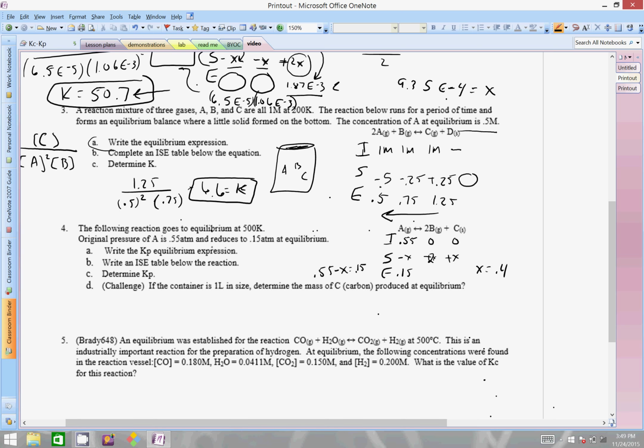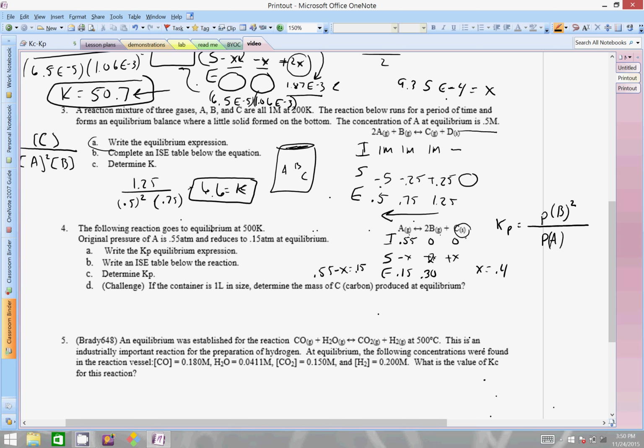Write the equilibrium expression. Okay, so because we're using pressures, I'm going to use Kp. This one has a solid, and the rest are gases, so it's going to be the pressure of B squared divided by the pressure of A. In this case B is going to be 2X, which is 0.30.